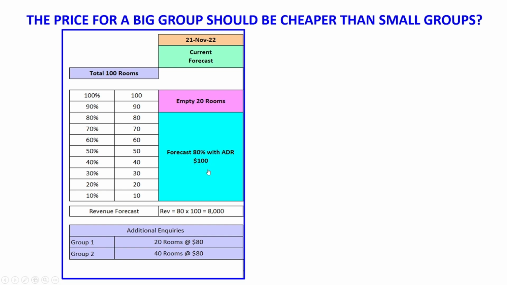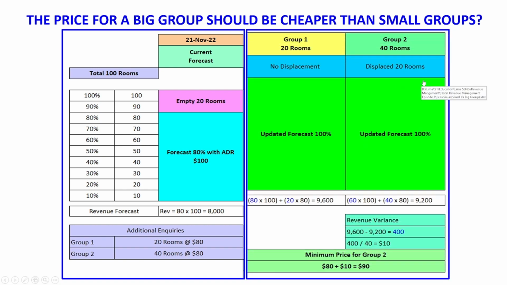In order to secure, we may think about taking the 40 rooms. If we take the 40 rooms of group 2, we are 100% sure that we are going to have full occupancy on 21st of November. So in order to see whether we should take group 1 or group 2, let's study together.